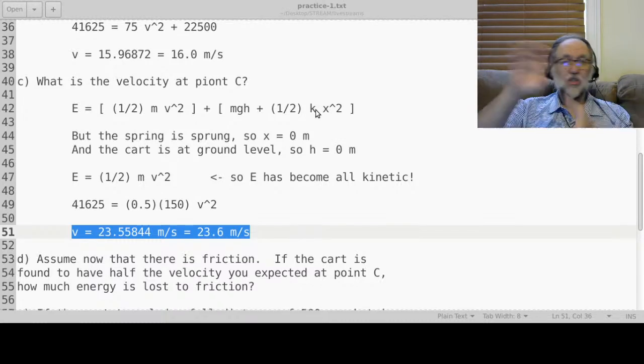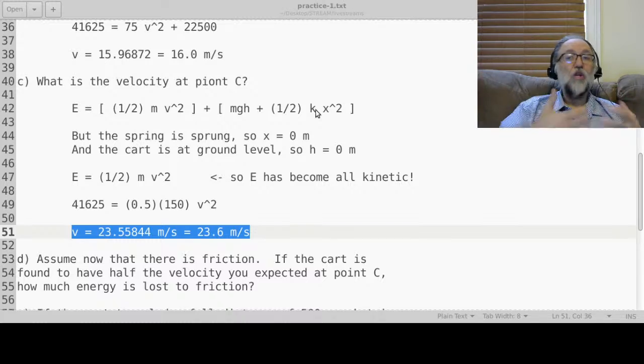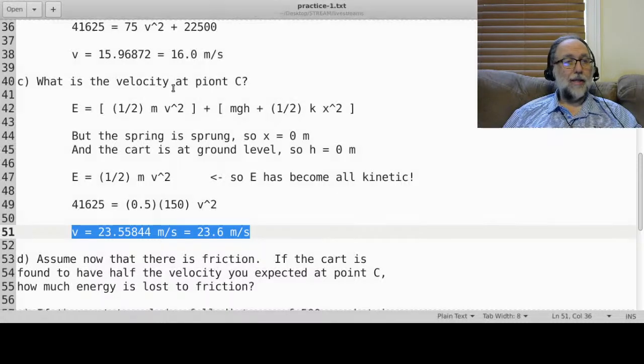You've got so much water, and you're just sloshing the water back and forth. The total amount of water remains the same, but whether it's in one glass or another depends on the situation. So you look at the diagram to ask yourself, where did all that energy go? And then you just use the equation for that particular energy. Okay. All right. So let's continue.